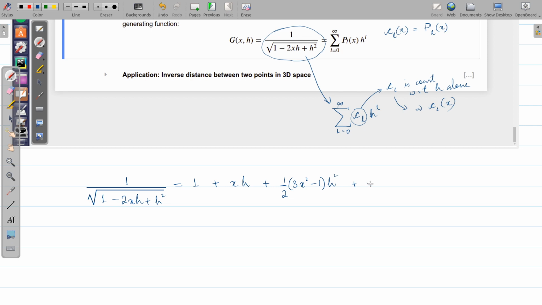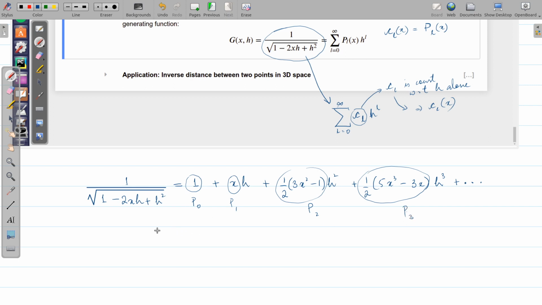The next term is going to be 1 by 2 times 5x cube minus 3x, times h cube, and so on. This is how it will go. If we expand this with respect to h, this is what we will get, and you can easily identify this is your P0, this is your P1, this is your P2, this is your P3.